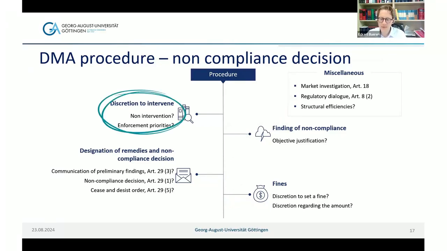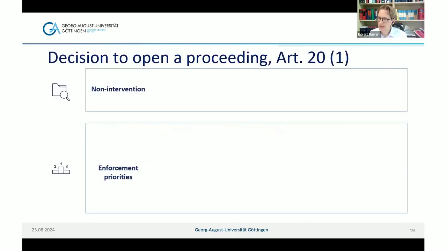So we start first with the question whether the Commission can take efficiencies into account when it comes to the decision whether to open proceedings. There I think we have to distinguish two scenarios. The first scenario is, can the Commission decide, this behavior brings about lots of efficiencies, and therefore I should not go after this behavior, although it is in contravention of a certain obligation of the DMA?